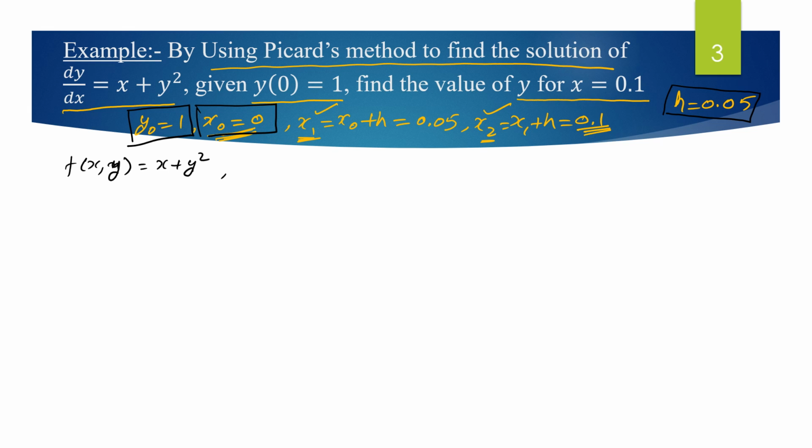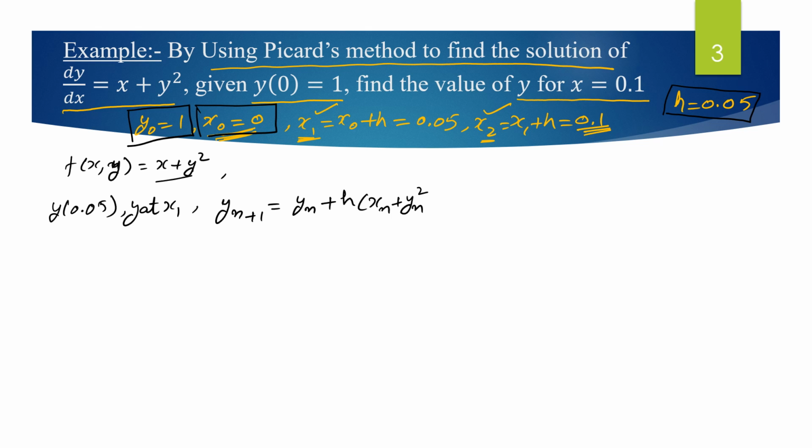So for the value of y at 0.05, that means y at x1, by the formula yn+1 = yn + h(xn + yn square).